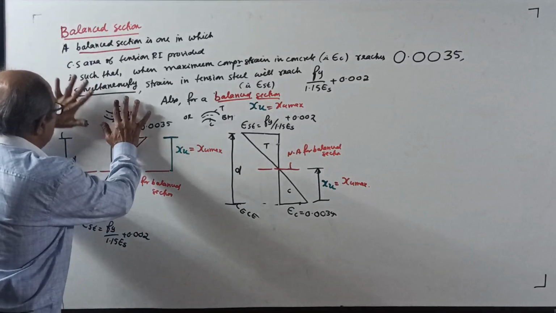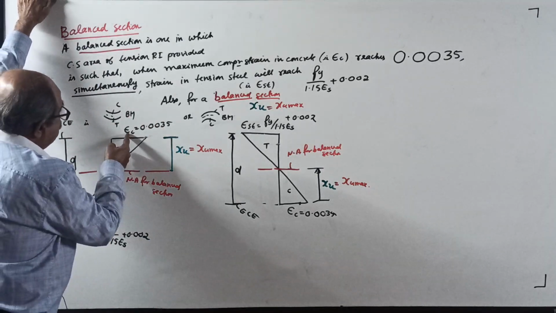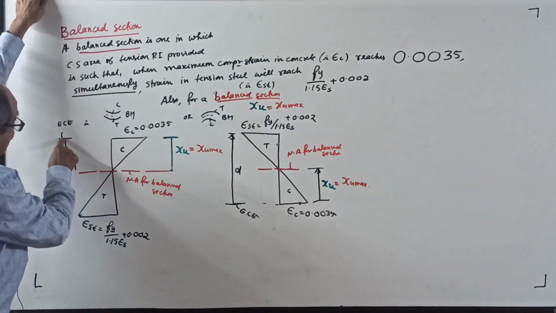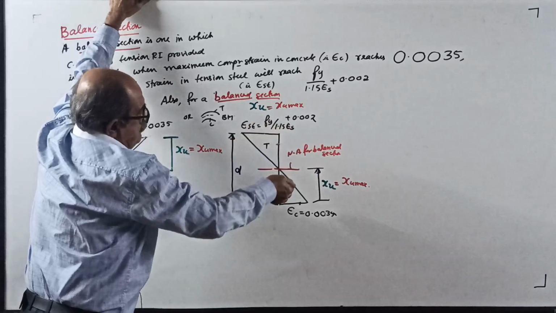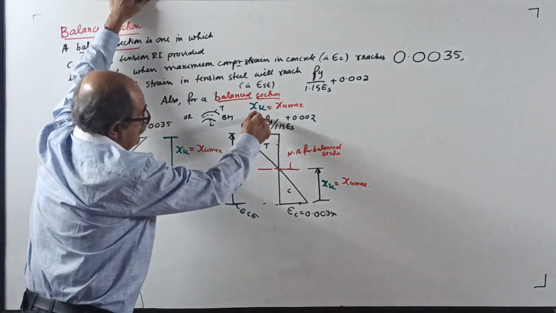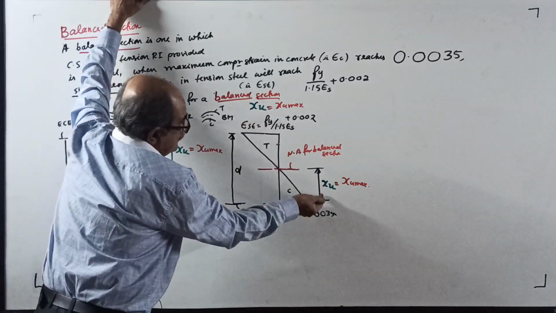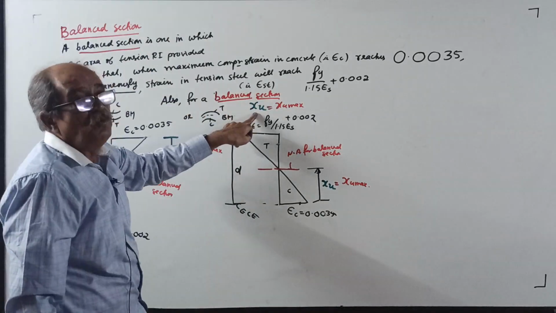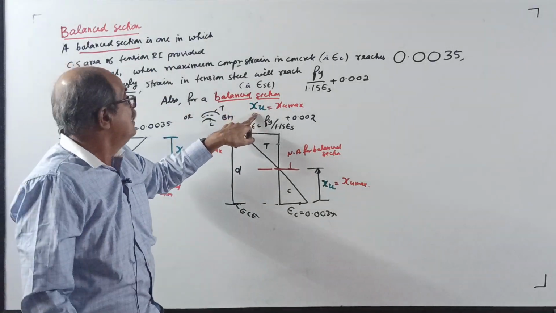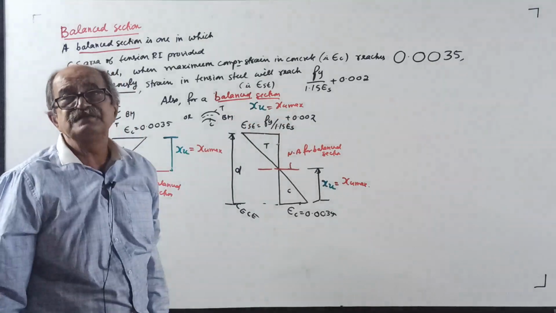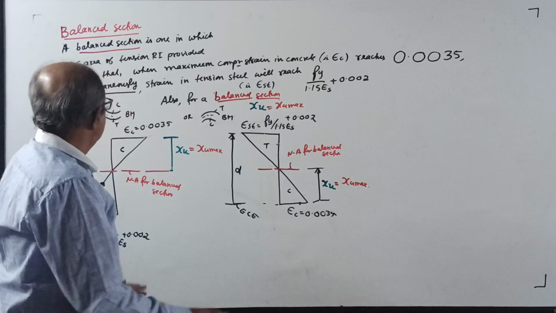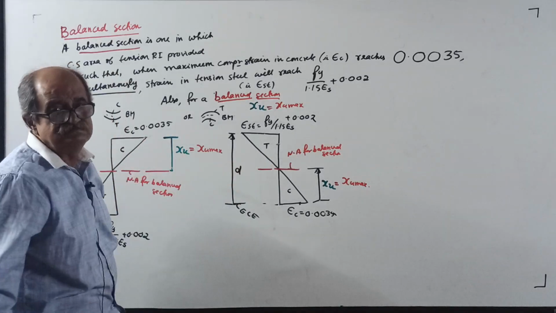See here, sagging BM, top compression, bottom tension, xu from here, d is from here, extreme compression edge. Hogging BM, bottom compression, top tension, d from here, xu from here. And also for a balanced section, what we considered xu, we will consider as xu max in future. Reason I will tell you later. This is for a balanced section.